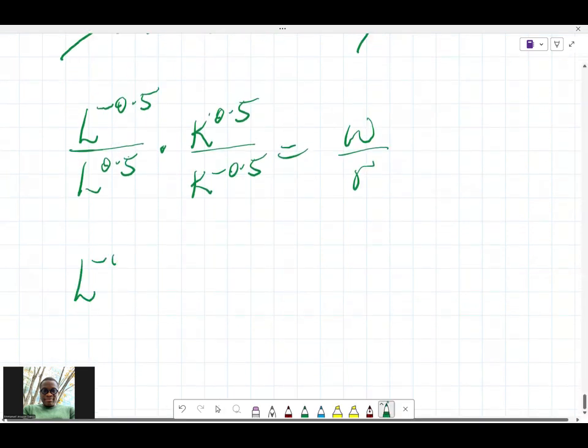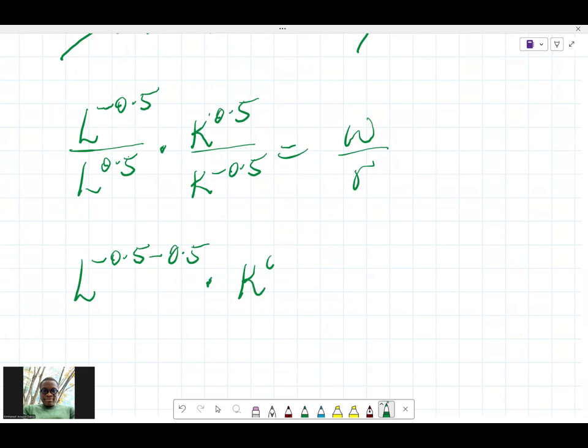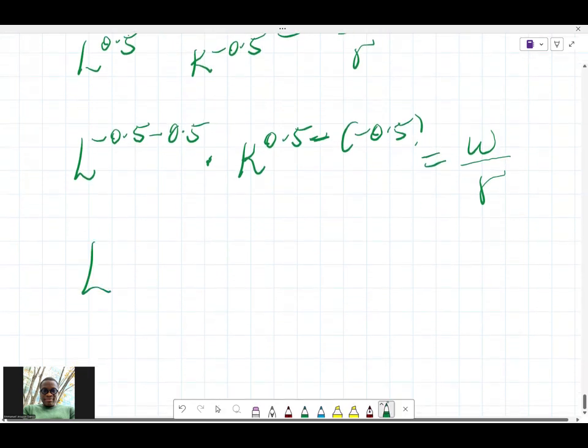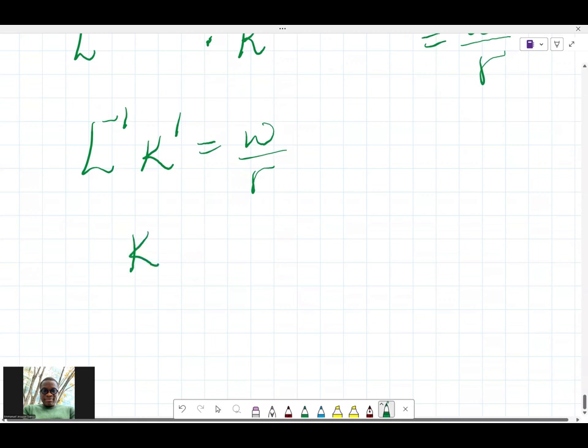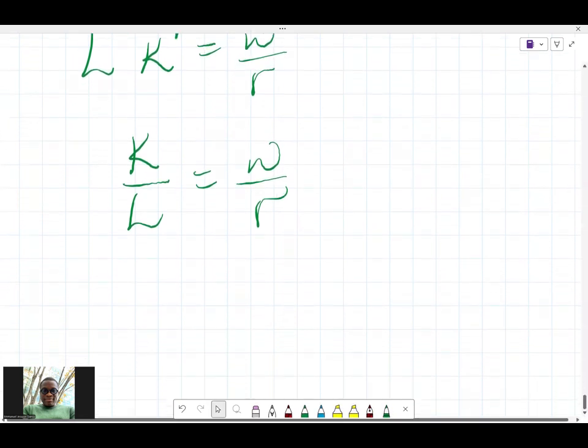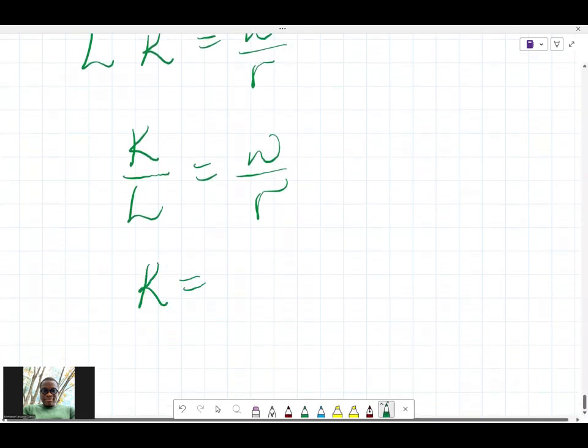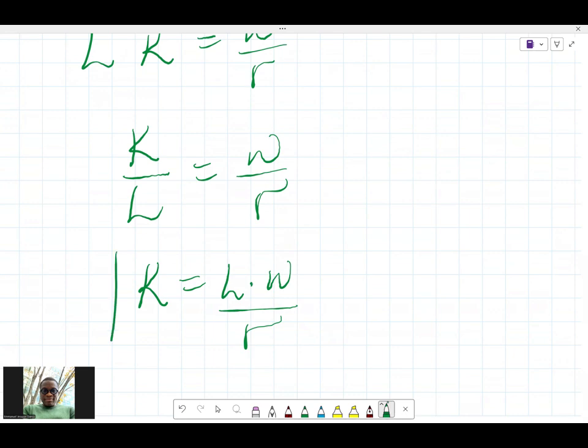L raised to minus 0.5, because of indices, you bring that up, multiplied by K raised to 0.5 minus minus 0.5 that was there before, and this is equal to W over R. So L to the minus 0.5 minus 0.5 is simply minus 1, and K to the 0.5 plus 0.5 is 1, and that is equal to W over R. So that simply tells us that K over L equals W over R, and we can say K is equal to L times W over R. That is what K is.